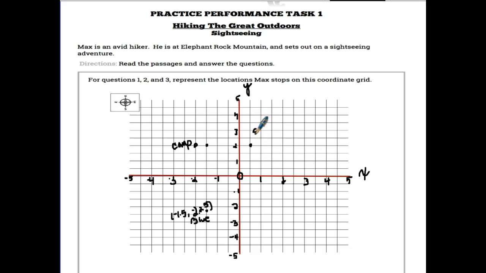And this is Elephant Rock. And your coordinate points are 0.5, comma, 2.